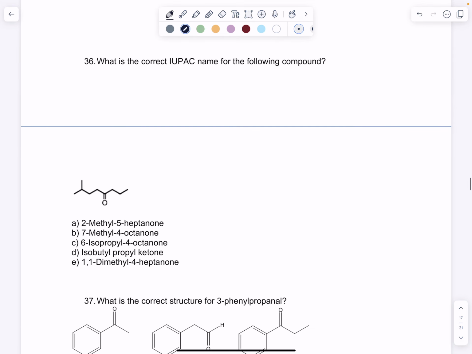What is the IUPAC name for the following compound? All right, so the first thing I do is identify the parent chain. I found 8 carbons: 1, 2, 3, 4, 5, 6, 7, 8. So I'm getting rid of anything that doesn't have 8 in it. Okay, well, that helps me out a lot. And then the next thing I'm going to do is number. So it could go this way, or I'll draw it in a different color.